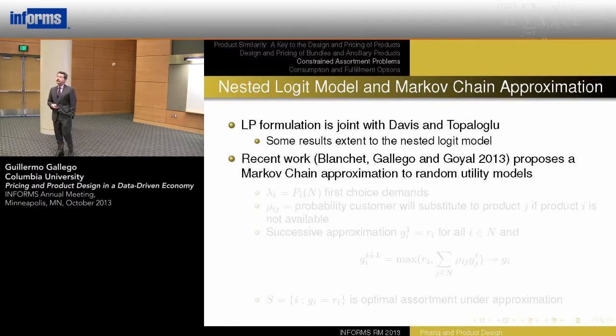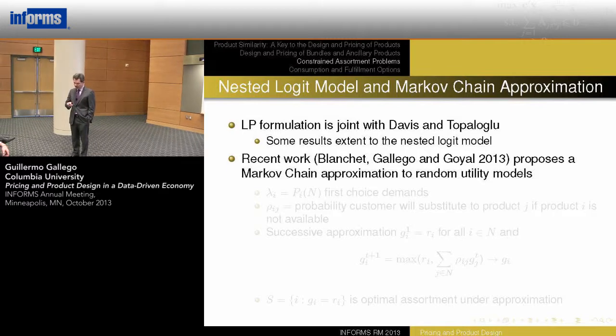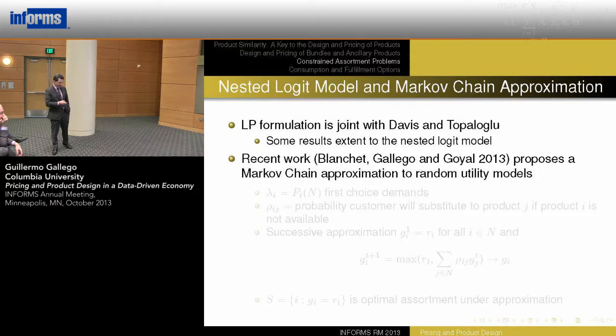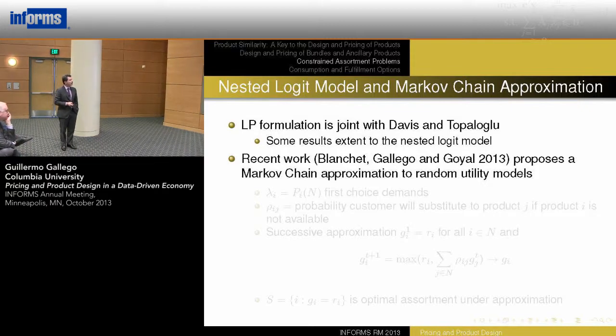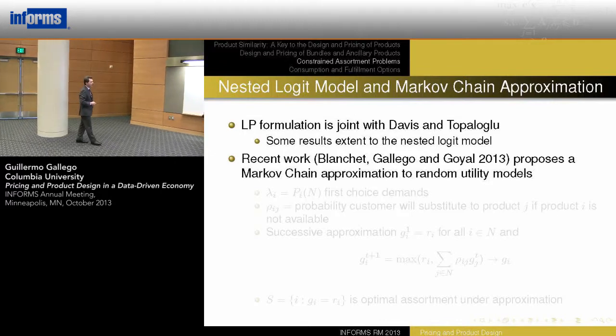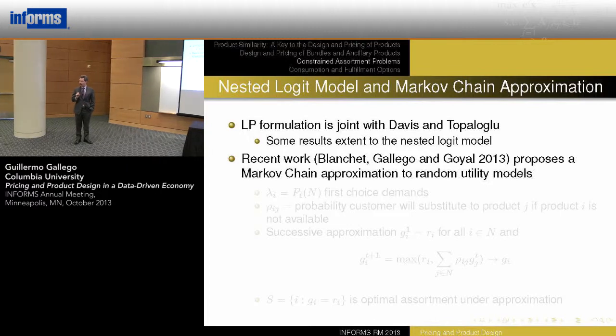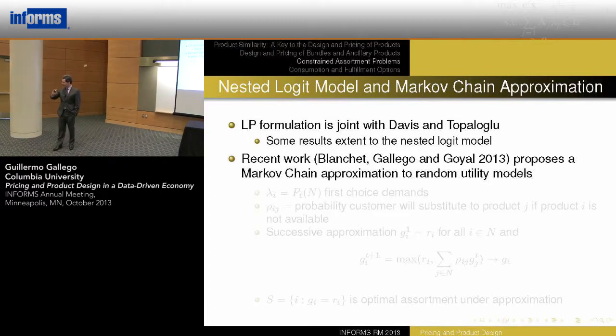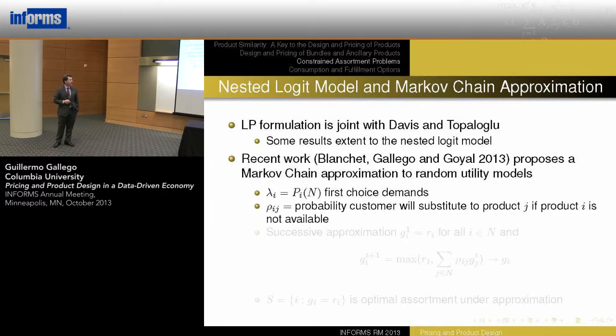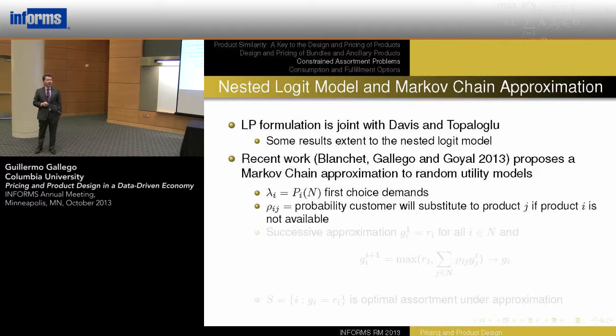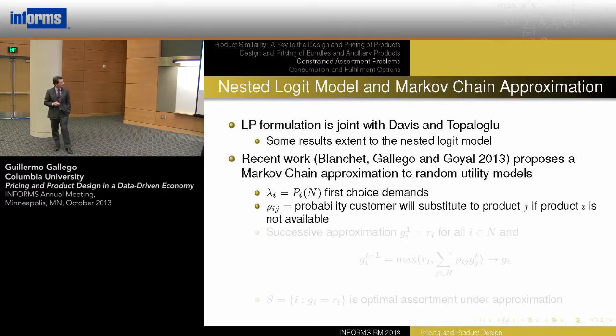And what this model does is you take any choice model, say that comes from random utility, and we can show that you can approximate it very well by a Markov chain model that has the following characteristics. You need as input the first choice demands. It's the probability that the customer wants product I in the first place when you're pretending that you're offering everything, and a substitution probability, the probability that a customer will substitute to product J if product I is not available.